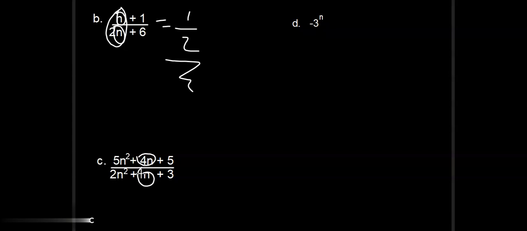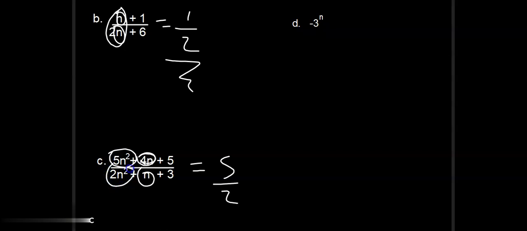When you compare these terms, the one with the highest power is 5n raised to 2, so I'm going to choose 5n squared over the 4n. So this example is going to converge to 5 over 2.